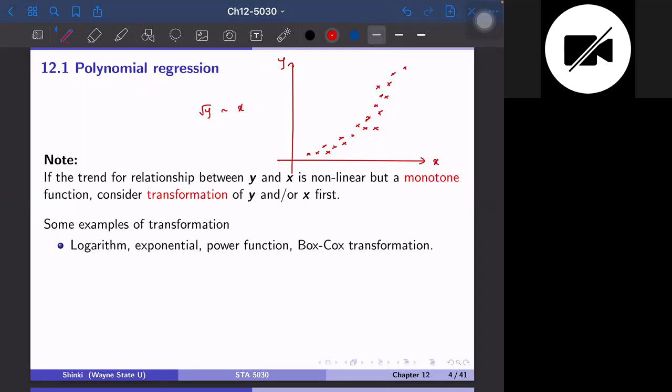Then the relationship probably becomes linear, and we only have to use two parameters, intercept and the x term. So that should be better. So at first, try transformation if the relationship is monotone. But if the relationship is much more complicated, such as this, then we have to think about polynomial regression. Transformation can be done by logarithm, exponential, power function, or Box-Cox transformation, which is a kind of automatic method which optimizes the shape of the monotone function.